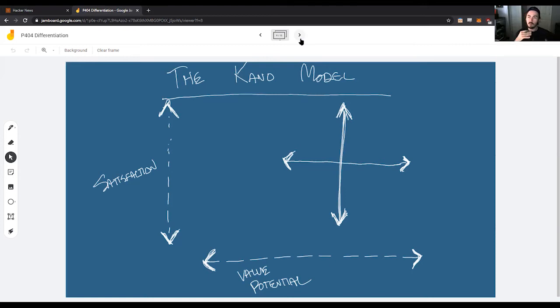What this model is trying to help you do is determine what type of functionality it is and how it drives value and satisfaction for your customer. There are three types, and this isn't a perfect mapping, it's just a framework to help you think through your product. There are going to be delighters.